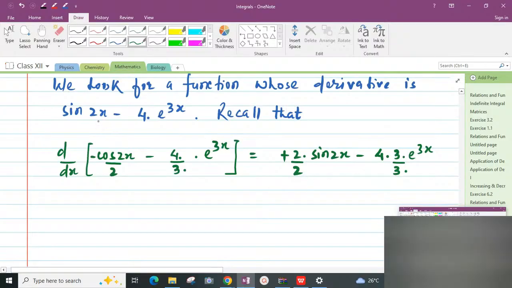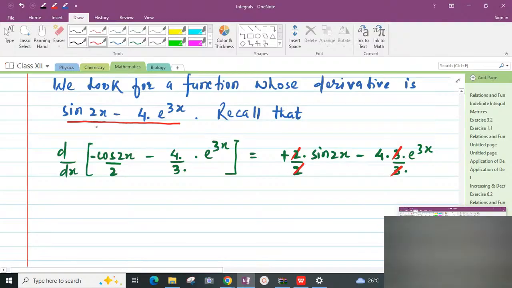So here we cancel out 2, 2. Here we cancel out 3, 3. Then we get this one: sin 2x minus 4 into e to the power 3x.